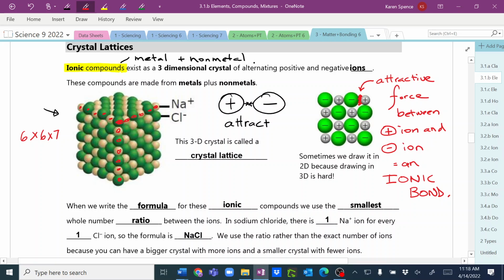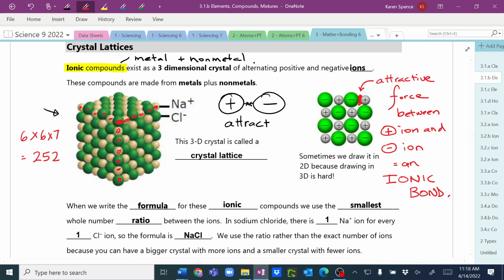If I say how many particles are in there all together, I can't do that math in my head. What is that? 6 times 6 times 7. It is 252 because I used my calculator.